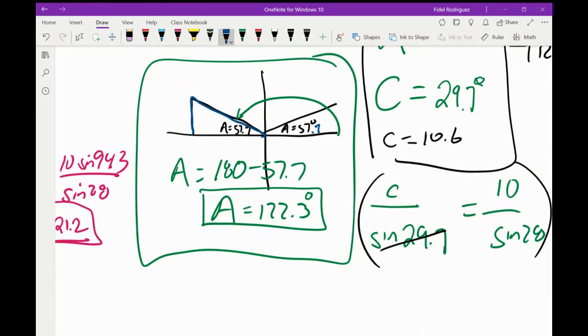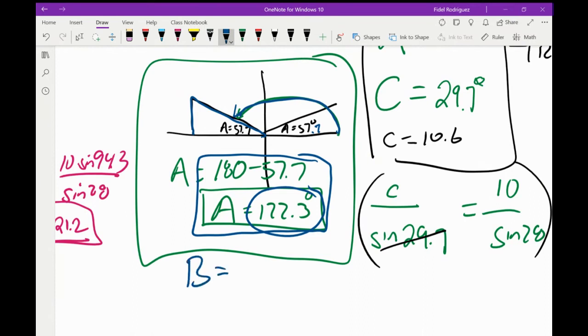This would be my reference angle in quadrant 2. So the real angle in quadrant 2 would be this angle right here. So we did that and we came up with the second angle, right? It's possible that we could have that angle right there being 122.3 degrees.